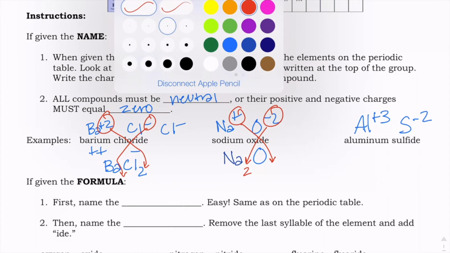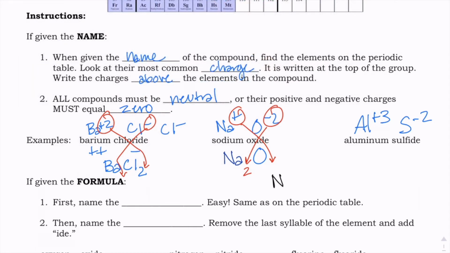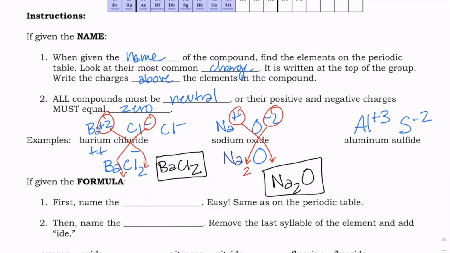So the total formula for this is Na2O. And this one is BaCl2. So when you get really good at this, you won't have to show the charges every single time.